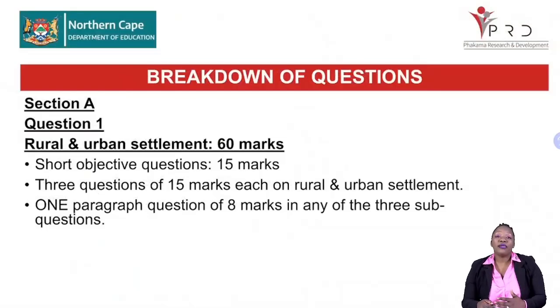So to further break down the questions, in your question 1, as I've said, you have your rural and urban settlement questions. So in that question 1, you will have your short objective questions. Those are your one-word questions. You may get them as a column A, column B, or as a multiple choice, or you will have to choose from the brackets.